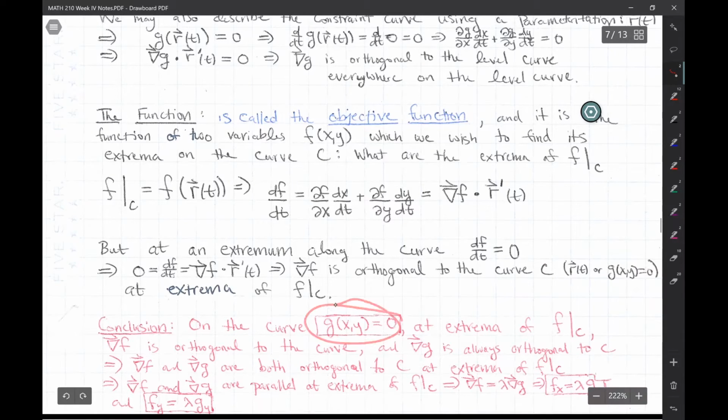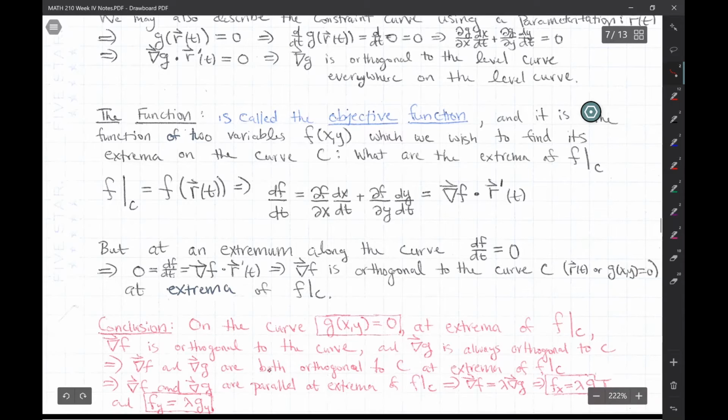So let's conclude with this line of logic. On this curve, okay, given as a level curve, so we've described it two ways. Here it's just given as a level curve, and that's what we'll be using. At extrema of the boundary function, the gradient of f is orthogonal to the curve, and the gradient of G is always orthogonal to the curve, because the curve is given as a level curve of G. And so that means that the gradient of f and the gradient of G are both orthogonal to C at the extrema of the boundary function.